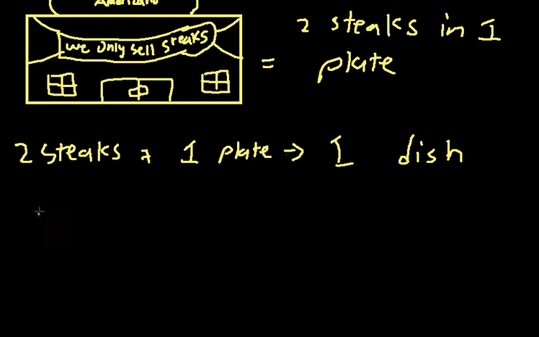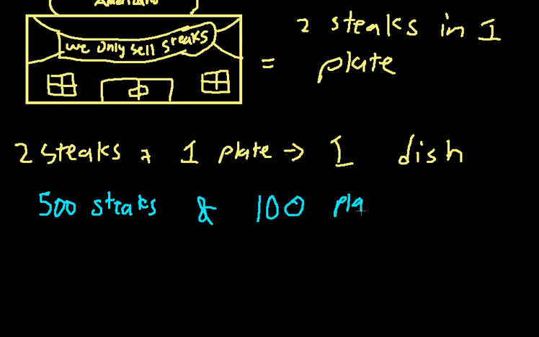So let's say that I open Bistro Americano, and I take it over, and I have stocked up 500 steaks and let's say 100 plates.